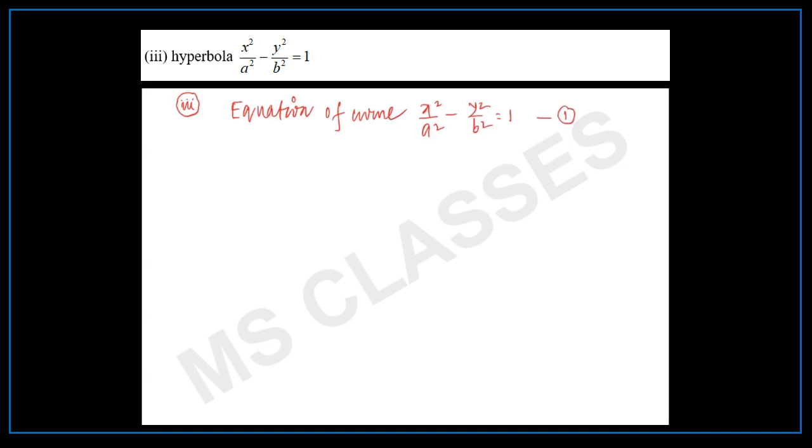Now, line x cos alpha plus y sin alpha equal to p is a tangent to the hyperbola. Which we mark as equation 2.